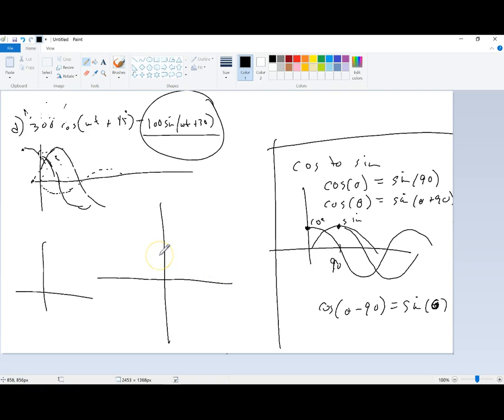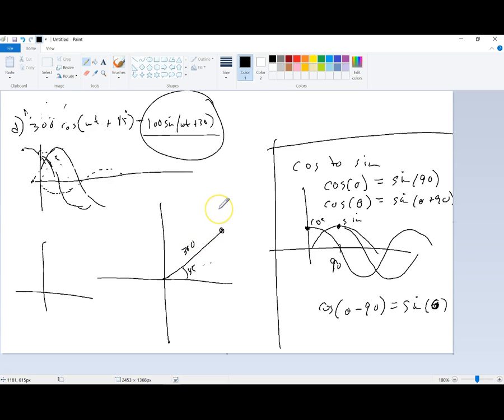I mean, on the complex plane. So we have 300 cosine omega t plus 45. That means 300 angle 45 degrees, right? So that means we have a magnitude of 300. Oops. Let's try doing a 45 degree angle. That's a little more like 45 degrees.